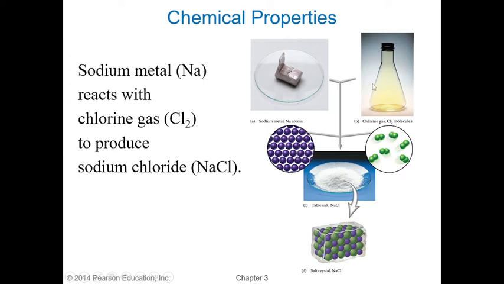Yung chlorine gas ay gas siya, yellowish or greenish, yellow-green yung color niya. So, ganun ang physical properties nila. Ngayon, kapag nag-react na sila with each other, then that's the time na masasabi na natin yung chemical property nila.